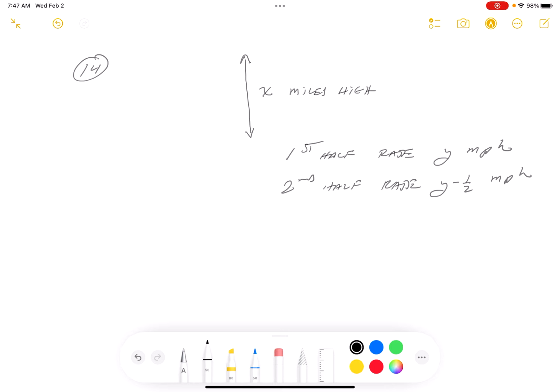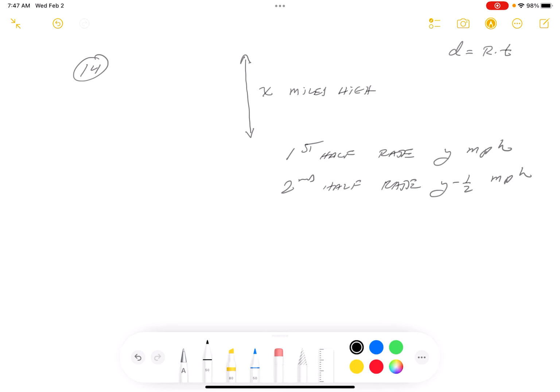So clearly, just reading the first sentence, it's definitely a distance equals a rate times a time problem. All right? Now again, a man ascends the last half of a mountain at a rate of 1/2 mile an hour less than the rate during the first half.